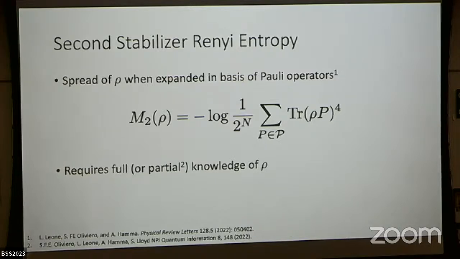So this is the delocalization. I don't say this explicitly, but this satisfies all of the conditions that I talked about in terms of being a good measure of magic for pure states. I should say that this only works for pure states.